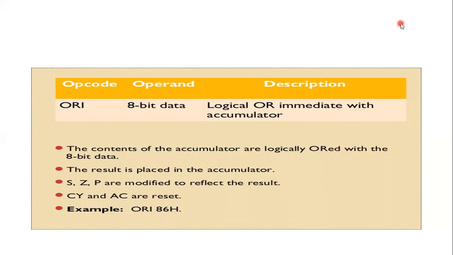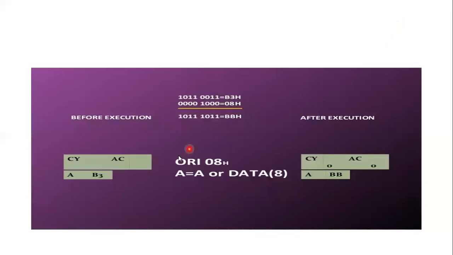Let me see the example. The accumulator contains the value B3. Then the instruction ORI 08. So B3: B is 1011, 3 is 0011.